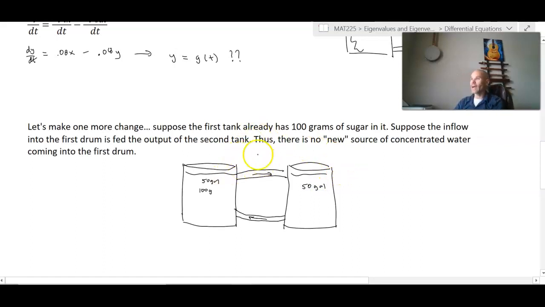And what we have going out of drum 1 is 4 gallons every 1 minute multiplied by, there are X grams inside of here. And over here in tank 2, drum 2, there are y grams.